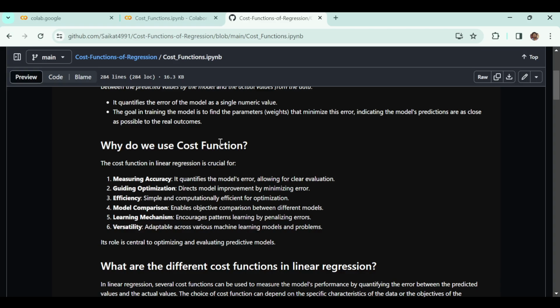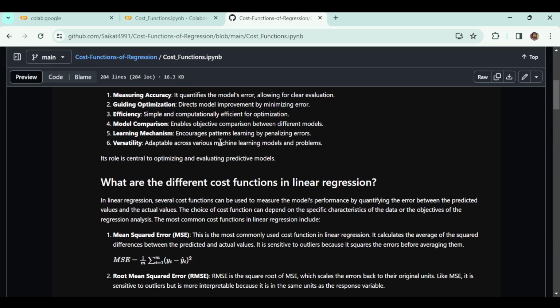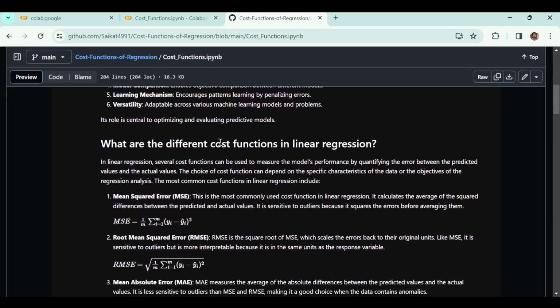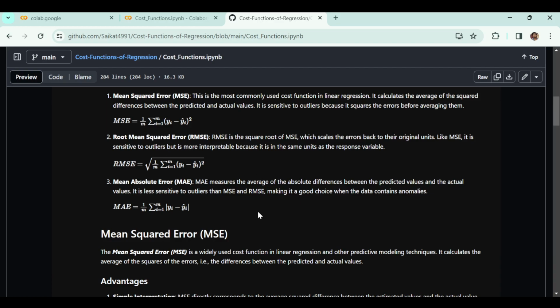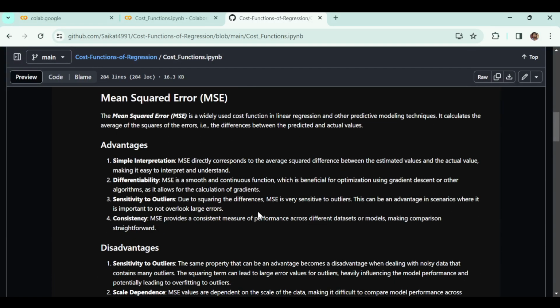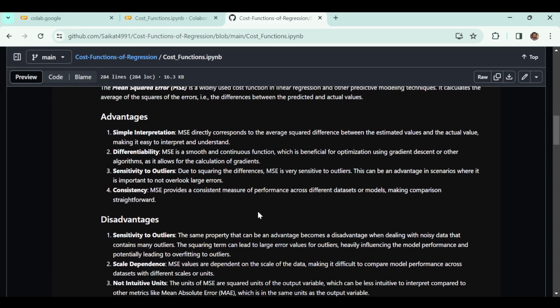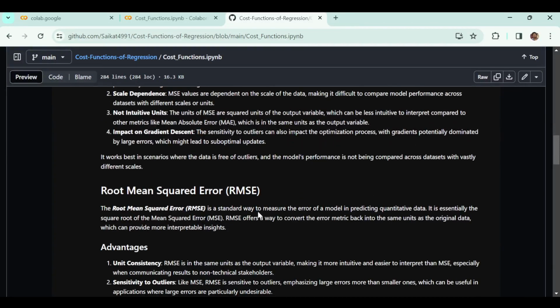You can take from there the different types of cost function. I have mentioned MSE, RMSE, MAE, and their advantages. Lots of advantages are discussed here. You can read from here and try to think on that also. So this is actually a more descriptive notebook for the cost function.